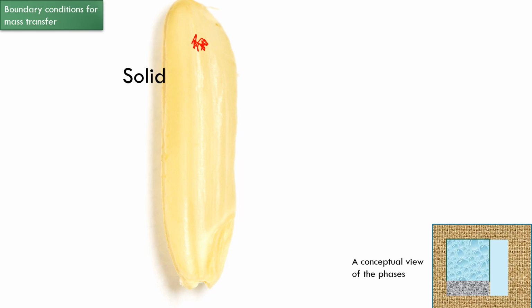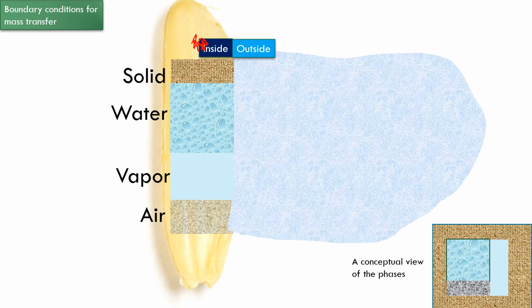So we focus on this interface here, on the interface of the food and the outside medium. Since we have the mass conservation equation for water, vapor, and air, we are going to need boundary conditions for them. Internal water is transported to the boundary by two mechanisms: capillary diffusion or pressure-driven flow.